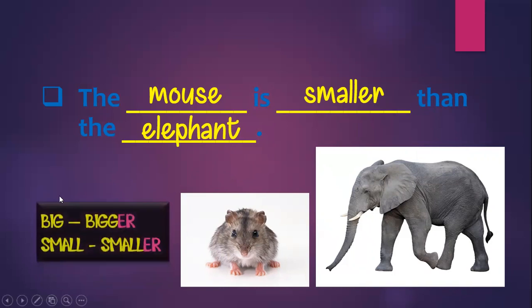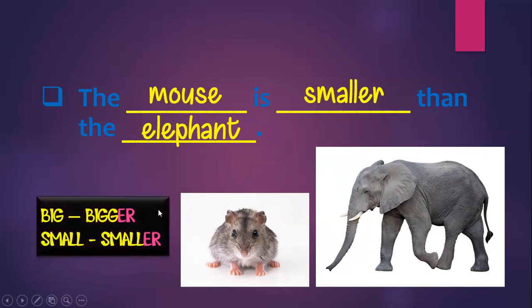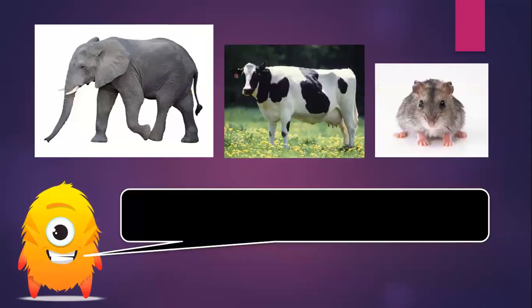So you can see these dots in order to remember, please. Remember that this is bigger, smaller. The mouse is smaller than the elephant. This is the comparative, but there is another, the superlative. Look here. In this case, we have three animals, the elephant, the cow, and the mouse.